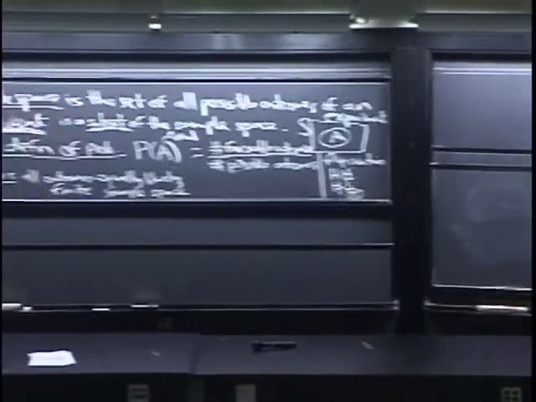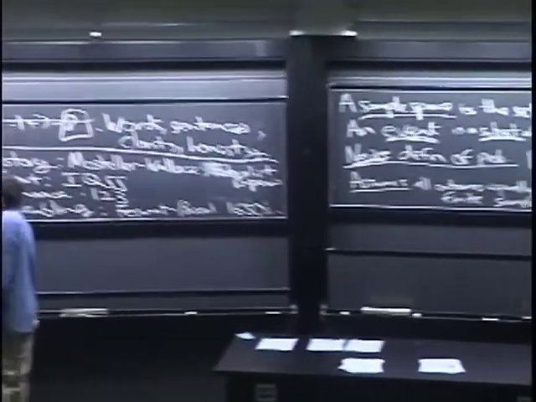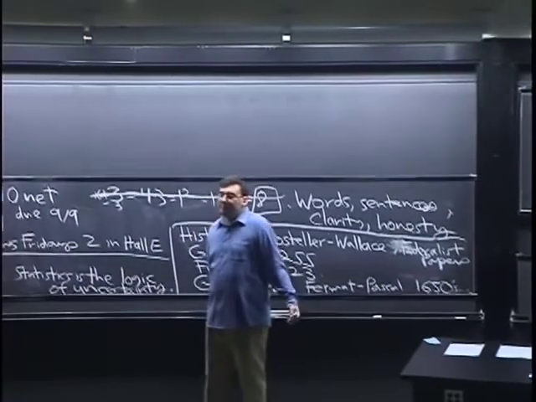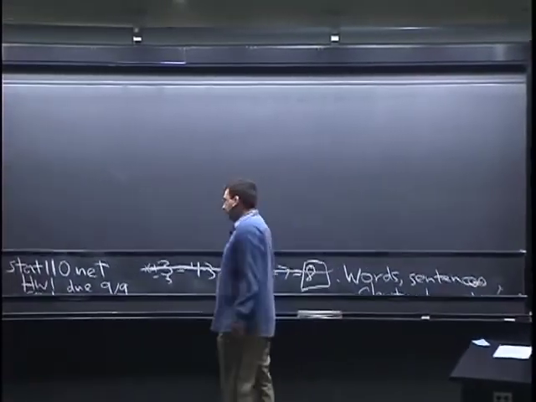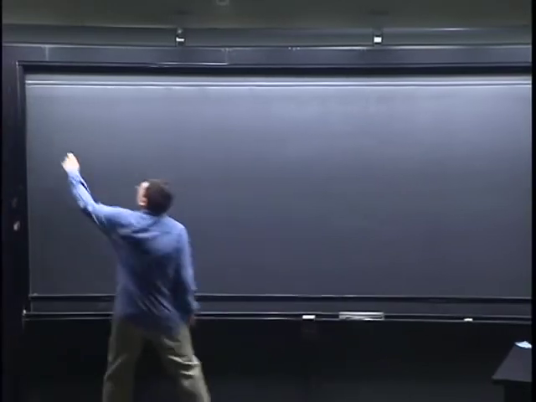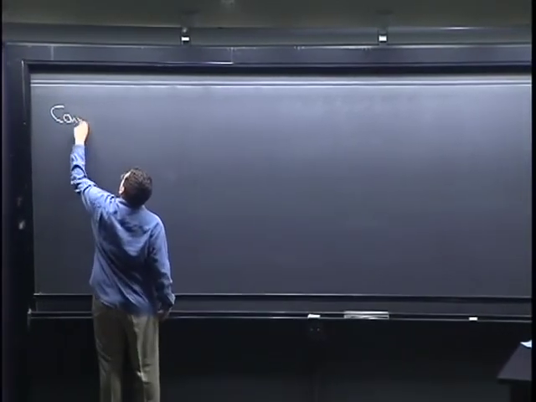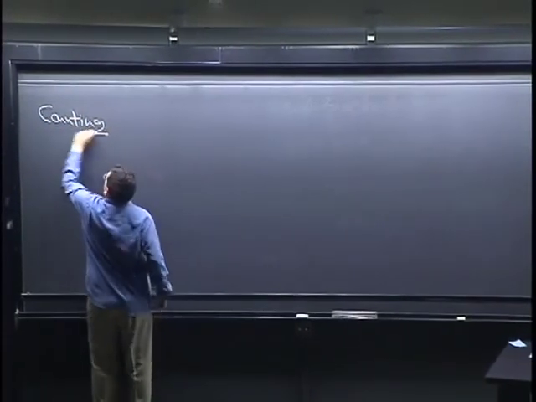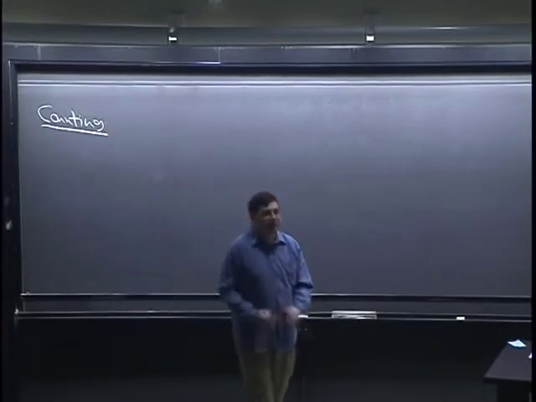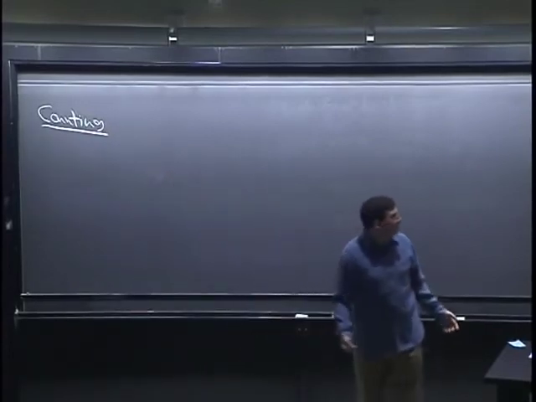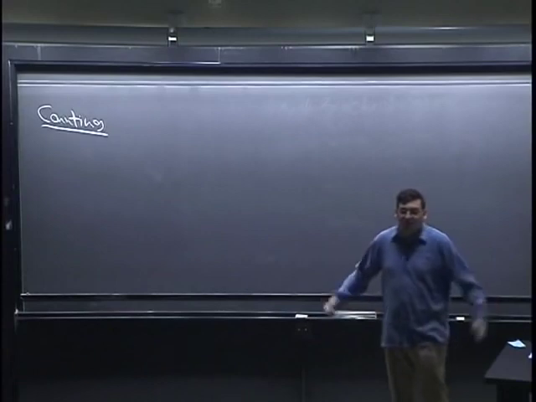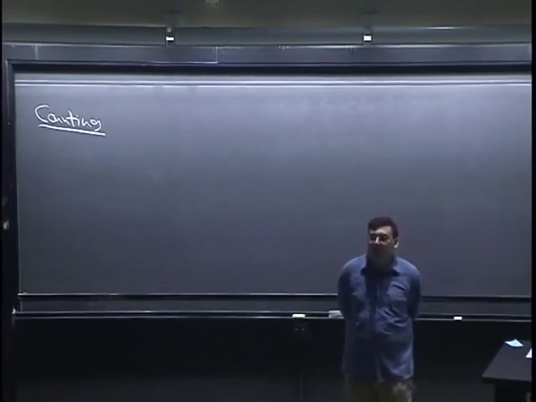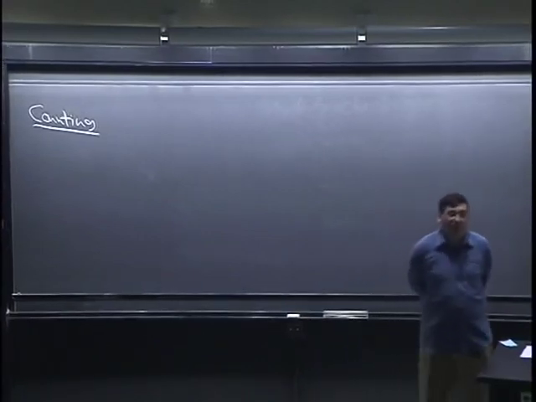We start with some basic principles of counting, because if we don't know how to count, then we would never be able to compute the numerator and the denominator there. There are a couple of principles that we need.